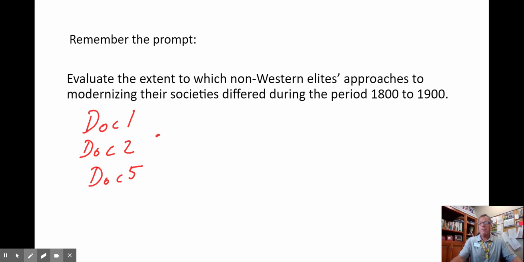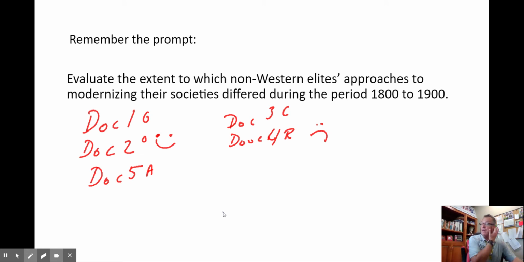If I could put an emoji face on this, it would be that. These were the Ottoman and the Afghan. Then Doc 3 and Doc 4 were Chinese and Russian, and they did not want any part of it. They did not want to be like the West. They were rooted in their old cultures, and that's not what they wanted.